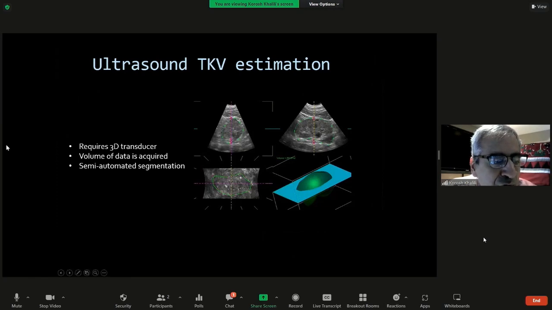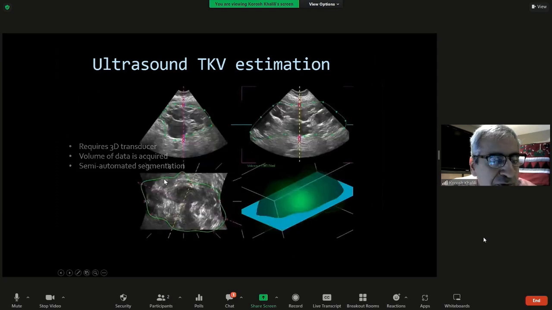Another way is to do 3D reconstruction of the kidney, and that way, just like manual segmentation, you draw out the outlines of the kidney at multiple different slices, and the software reconstructs the full volume of the kidney, and so you can get this measurement as well.